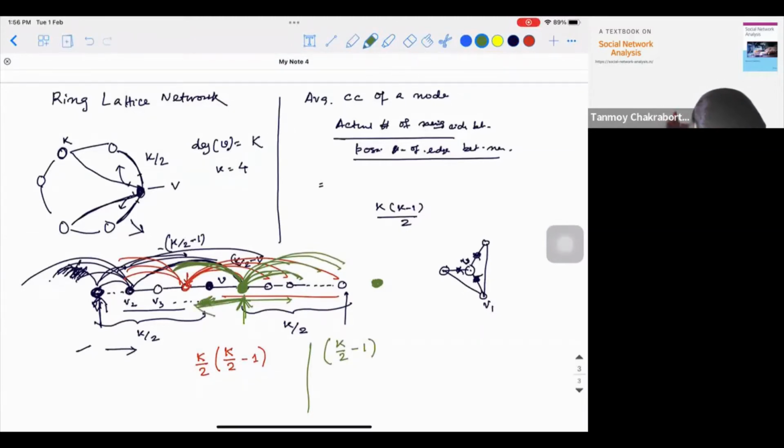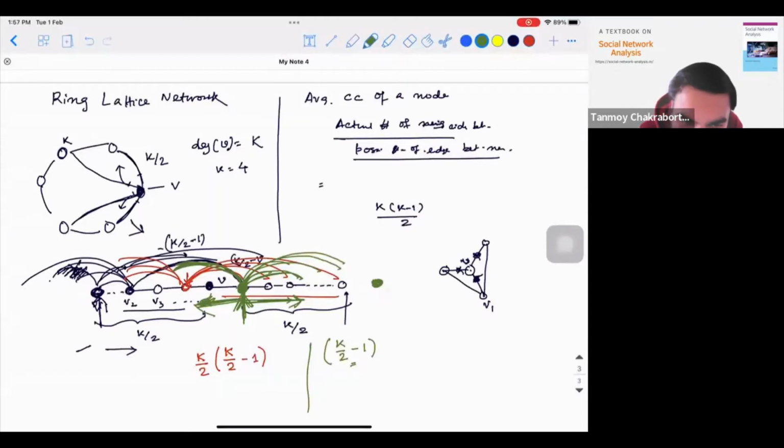The left side edges have already been considered. We are considering only these right side neighbors, right? And how many neighbors will be considered to calculate V's clustering coefficient? K by 2 minus 1.